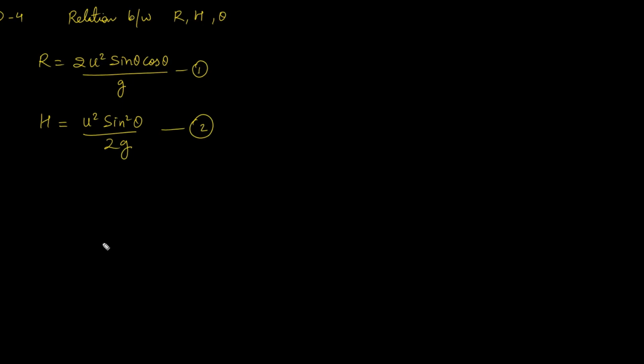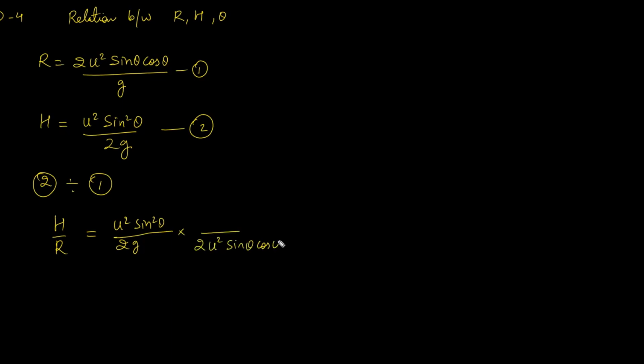Now simply what we will do, we will divide these two. So equation number 2 I am dividing with equation number 1. So H upon R, H is u square sine square theta upon 2g and R is 2u square sine theta cos theta upon g.